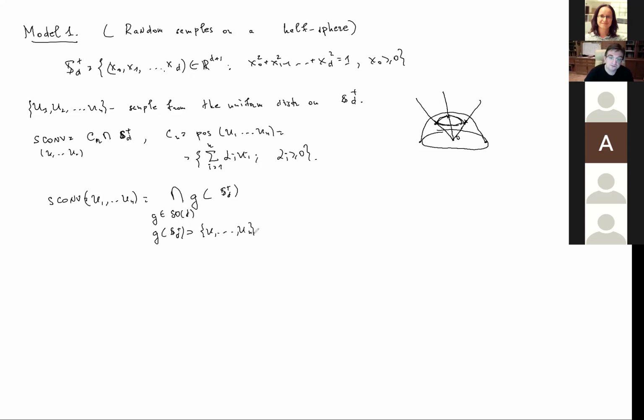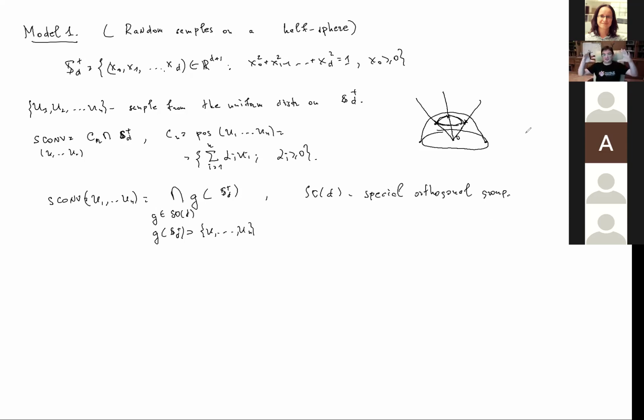Here SO is the special orthogonal group, or in simple words, just rotations in R^(d+1), or orthogonal matrices with eigenvalues being either complex or one, so without minus ones. So you can imagine how it looks.